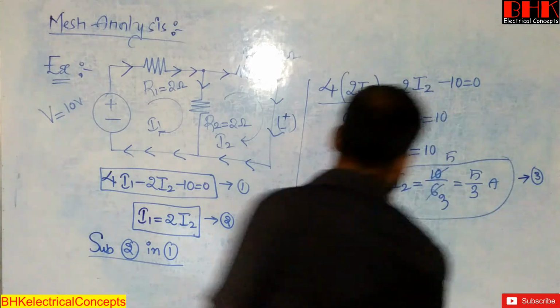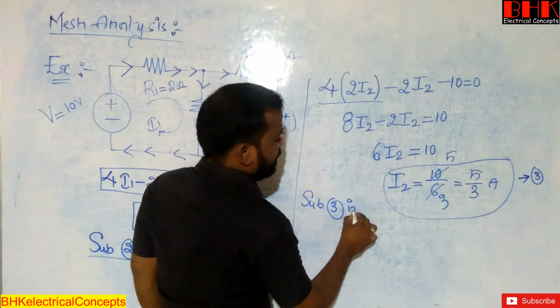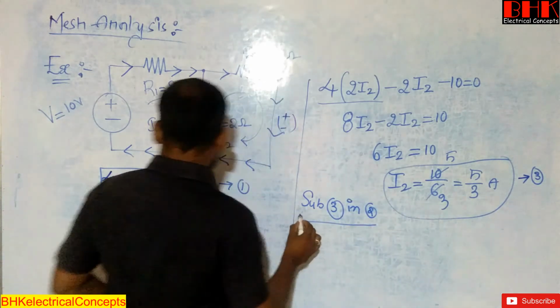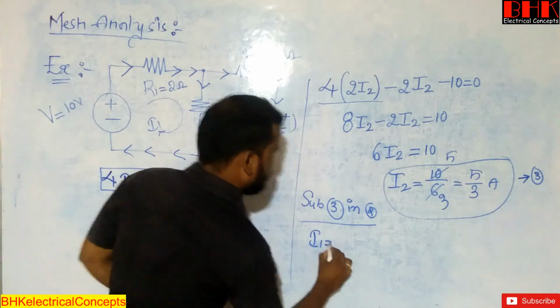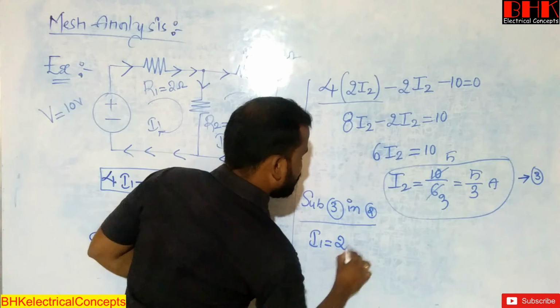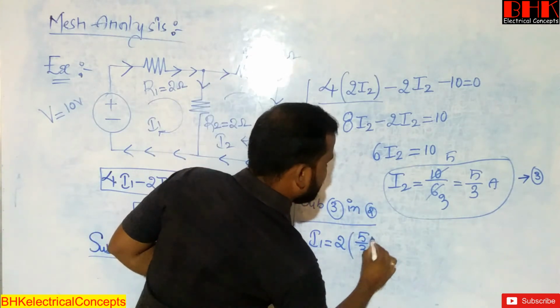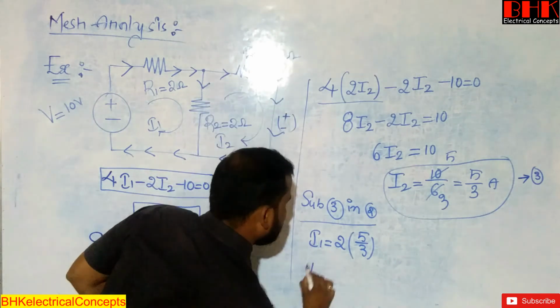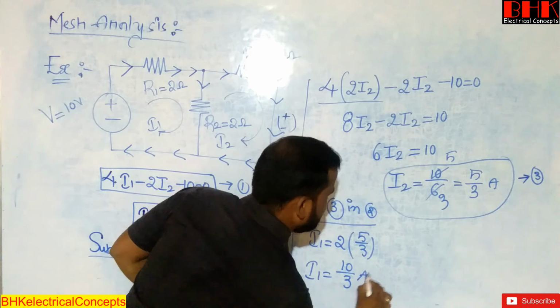Then you will get the actual value of I1. So I1 is equal to 2 into the I2 value, 5 divided by 3. Clear? Now I1 is equal to 5 into 2, 10 divided by 3 amperes.